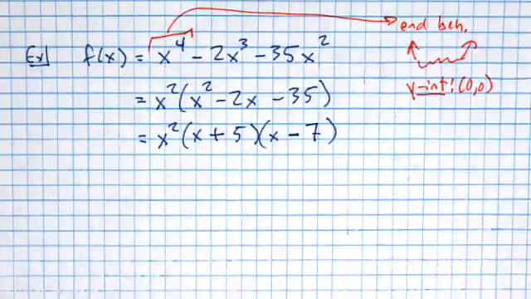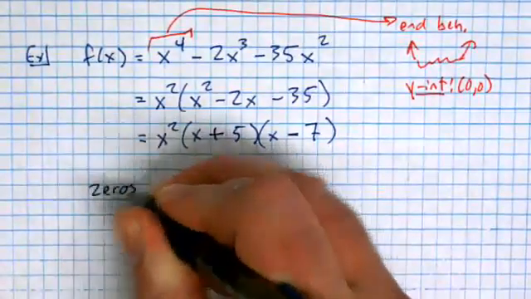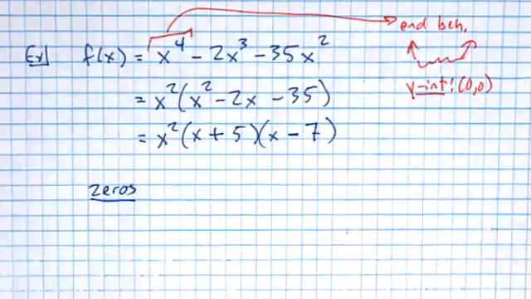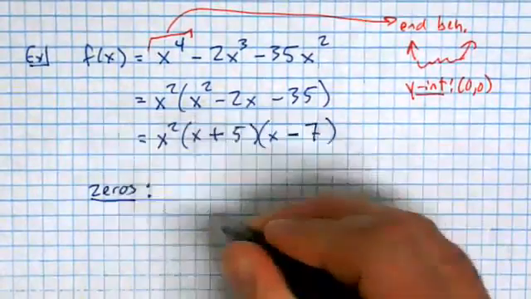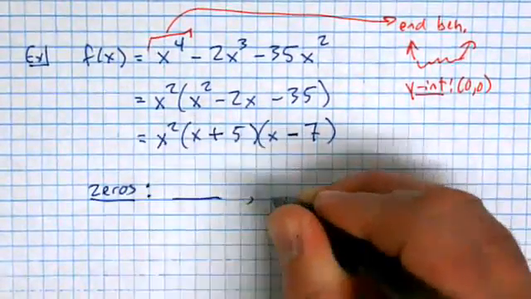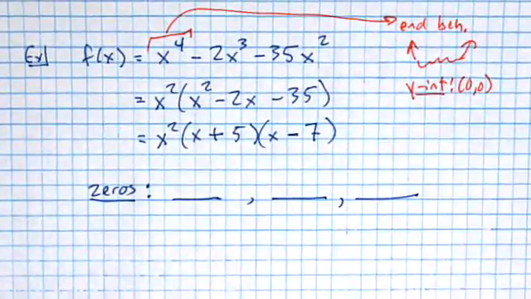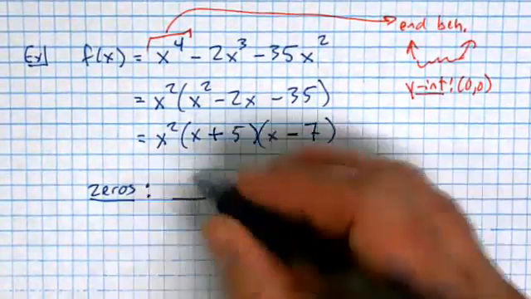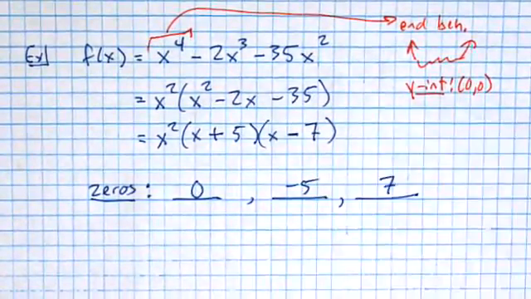So let's talk about zeros. I see 3 factors, so we should have 3 zeros. Set each equal to 0 and solve.